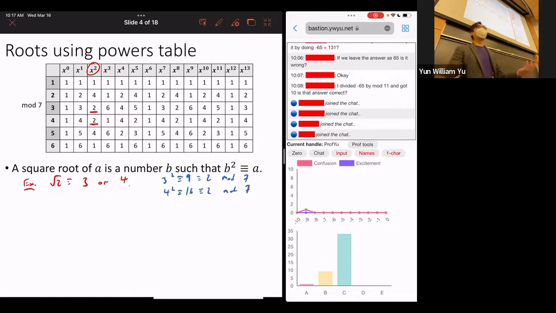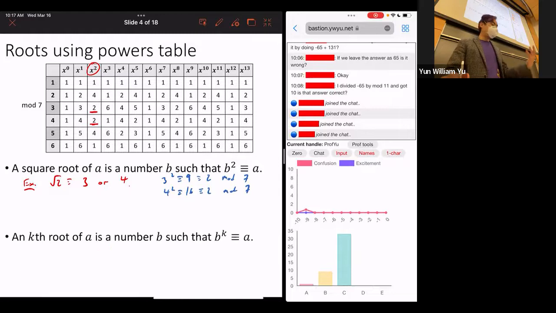So if I give you a powers table, you can pretty easily figure out the roots by just looking to see what things squared give you the number 2. And you can generalize this to kth roots. A kth root of a is a number b such that b to the k is congruent to a. So that's easy enough. For example, a 5th root of 2, which you could also write as 2 to the 1/5.